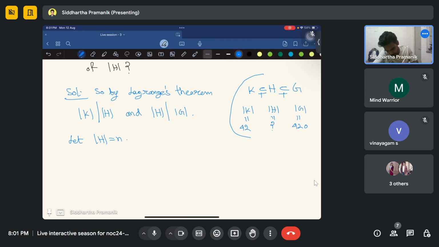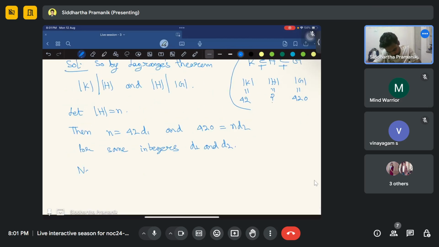Okay. So then from this one we can write n equals 42 times d1, because 42 divides n, and from this one we can write 420 equals n times d2 for some integers d1 and d2.